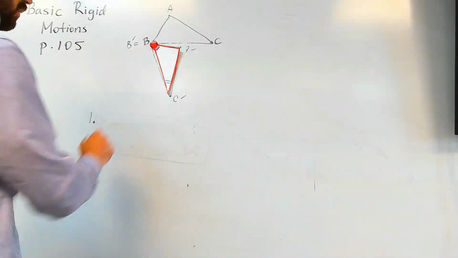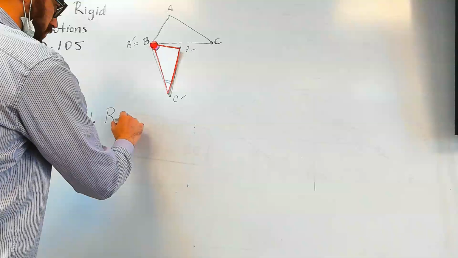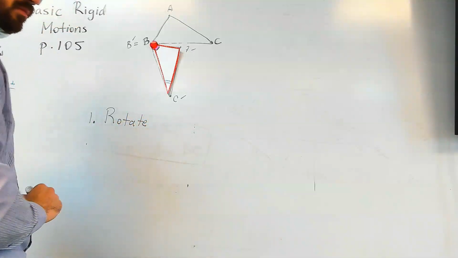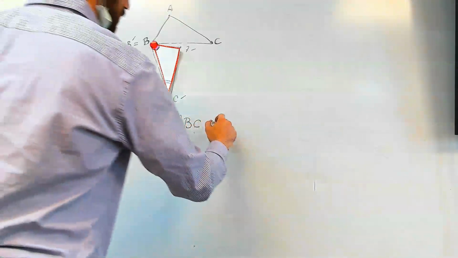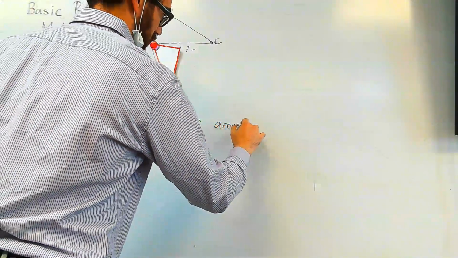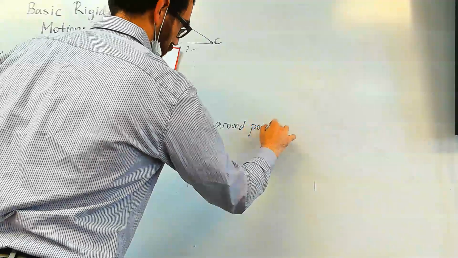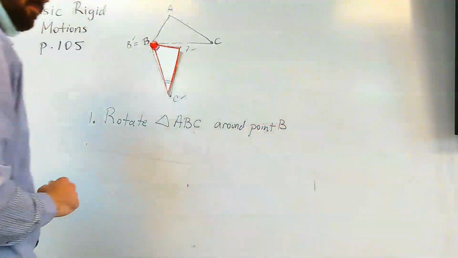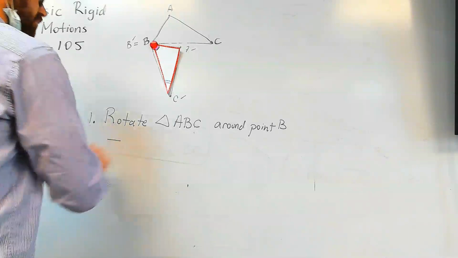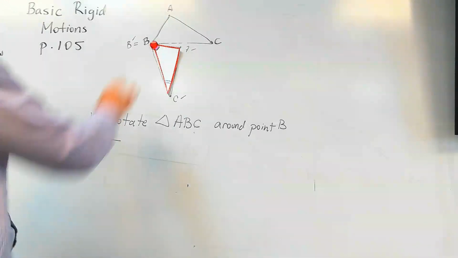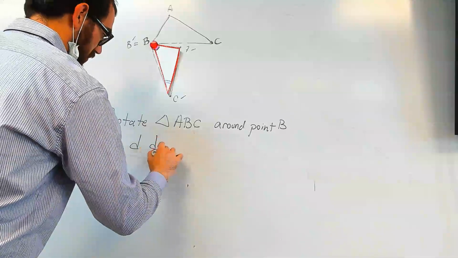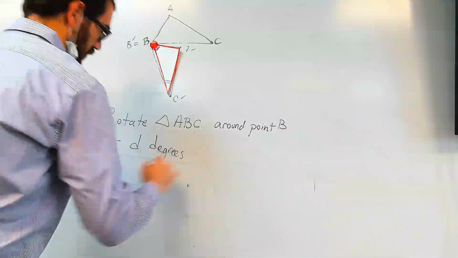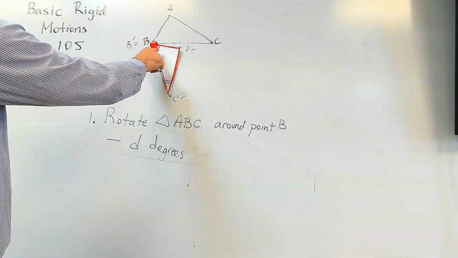Step 1, we're going to rotate triangle ABC around point B, negative, that's direction, that's clockwise, D degrees, where D represents the exact number of degrees.